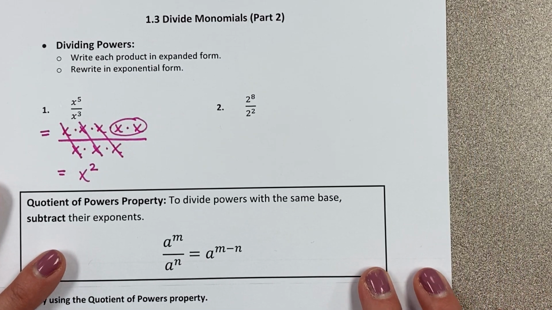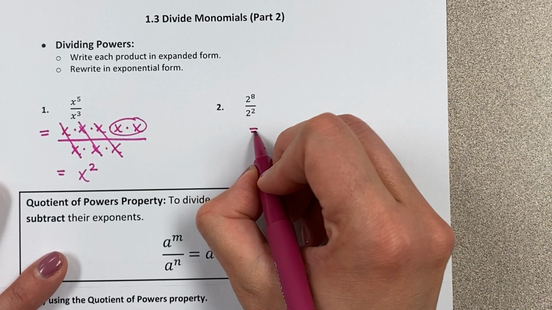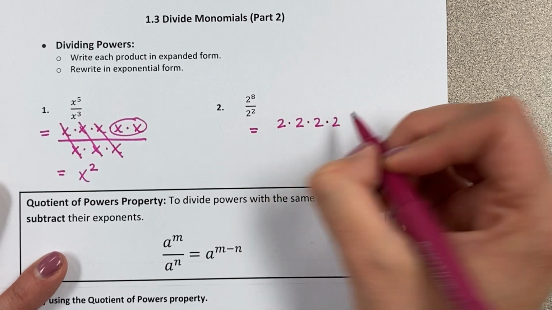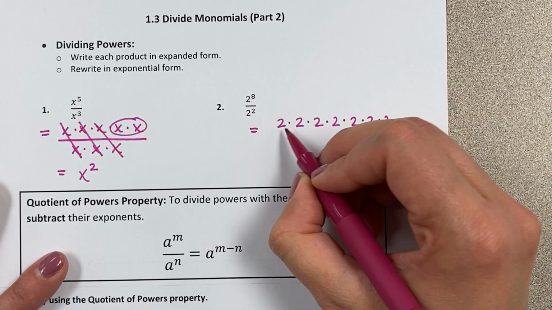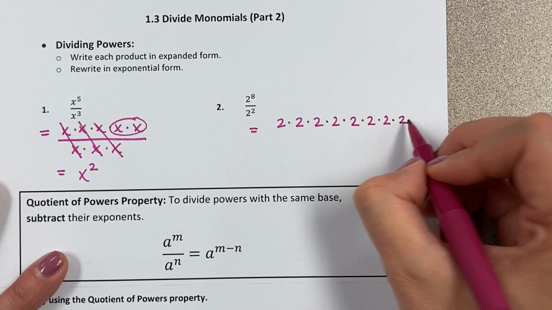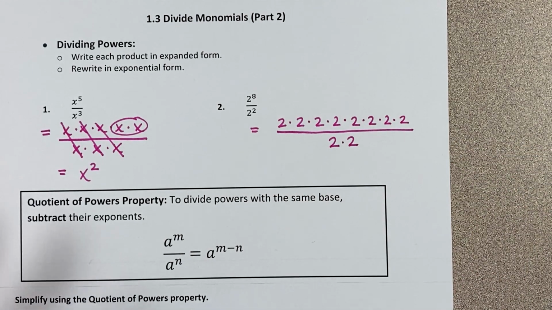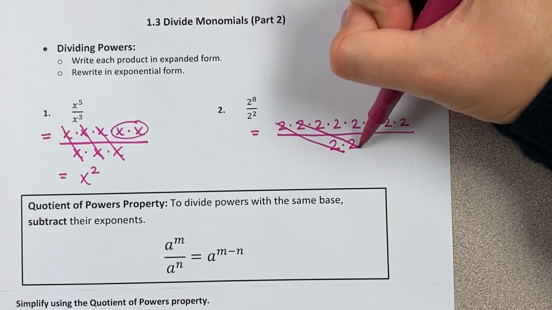All right, let's try this with 2's. 2 to the 8th divided by 2 squared. So I'm gonna do 2 times 2 times 2 and on until we have 8. One more. And then down here, we need 2. All right, so I'm gonna cancel these.